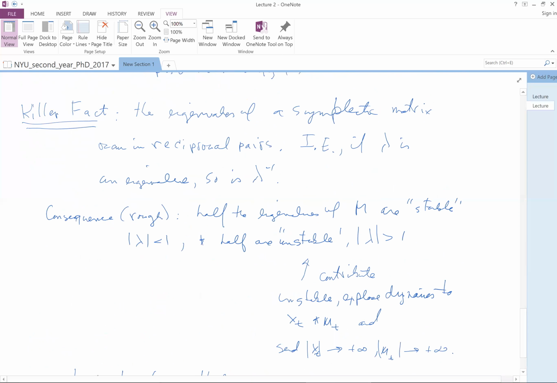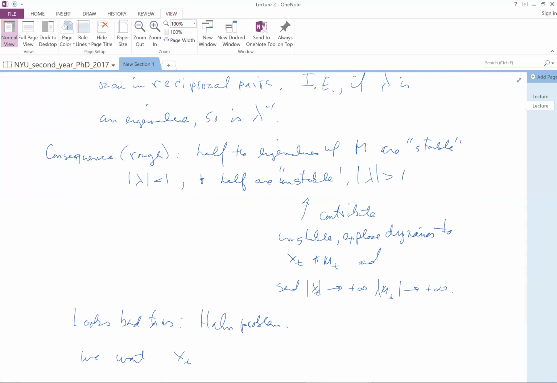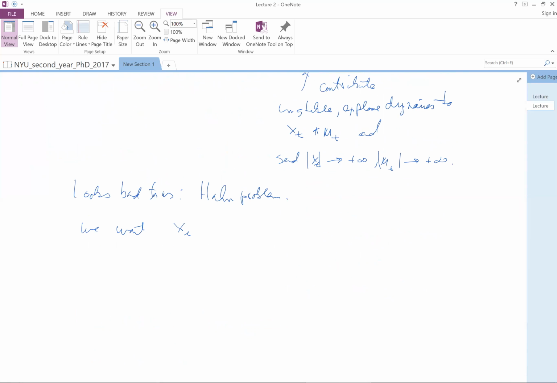But the fact that the matrix M is symplectic and that its eigenvalues split equally between values strictly greater than 1 and strictly less than 1 means that almost all of the solutions of that equation are unstable. So we want x_t to be going to 0, but almost all solutions violate this. So almost all leaves a little bit of hope.